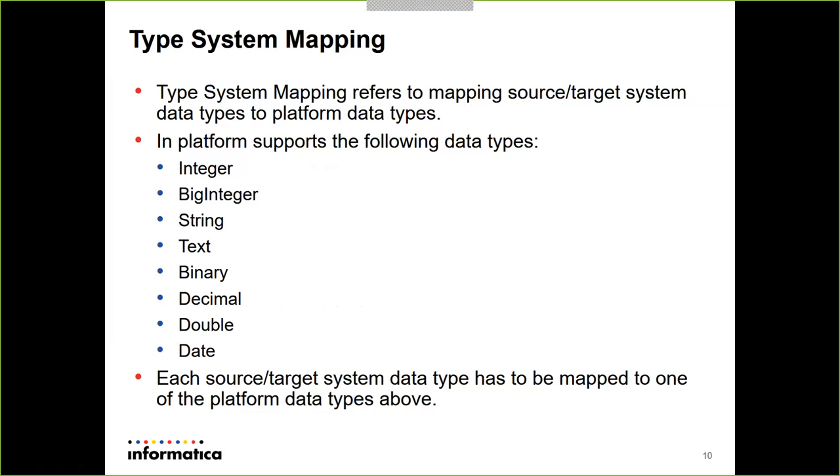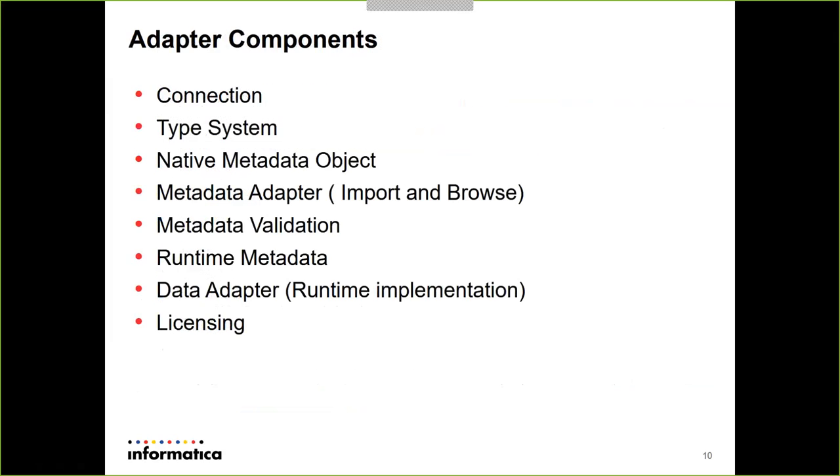If you are comfortable with the Java type system, then map your third-party system types into Java types, and internally we take care of converting them into platform types. These things can be covered in the ICT demo as well, and I will explain there too. When it comes to adapter components, there are the type system, connection, metadata, and runtime, and at the end we need to take care of licensing as well.